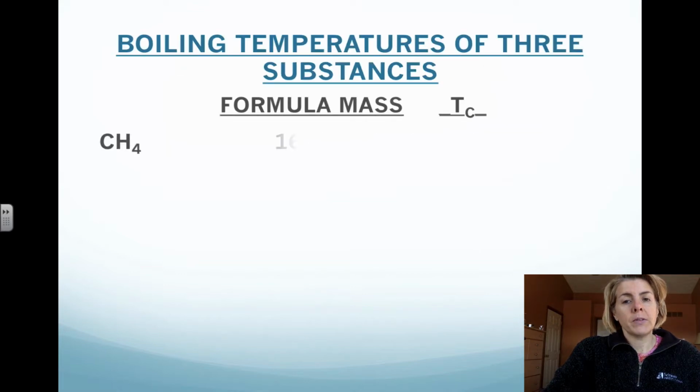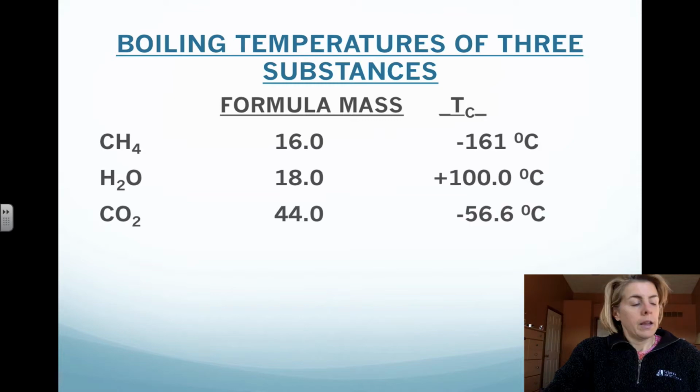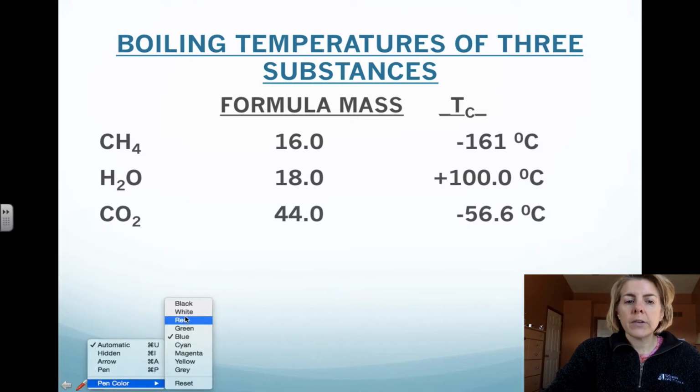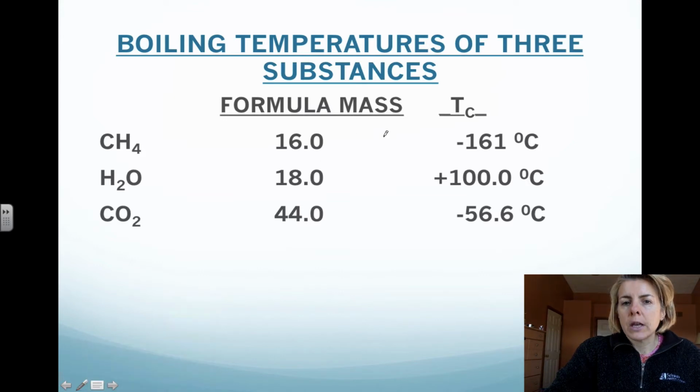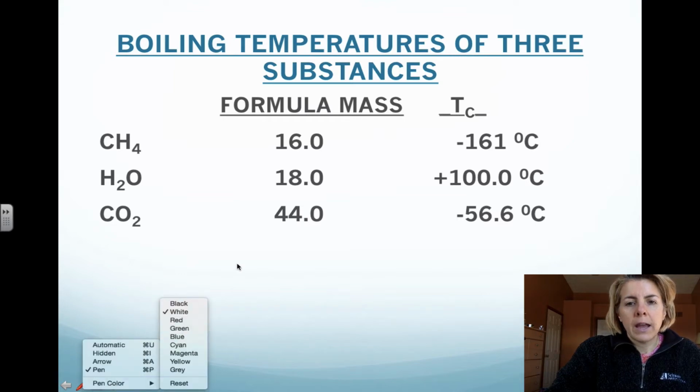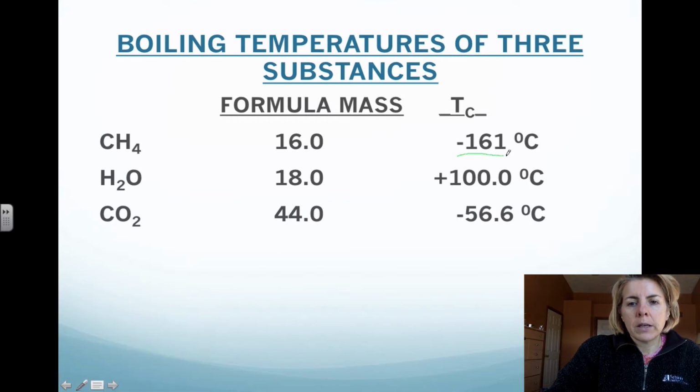So here we have three substances, and notice the very first one, it has hydrogen in it but no oxygen. So because of that, it has induced dipole attraction with itself. And as a result, its boiling temperature is negative 161.